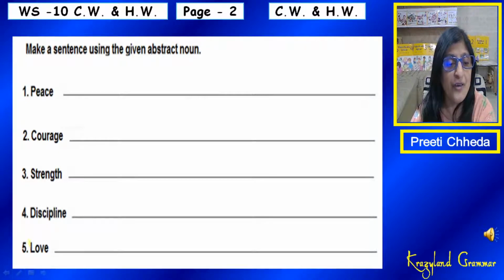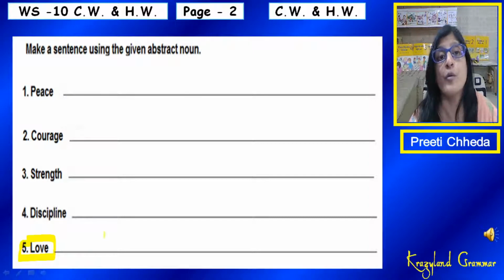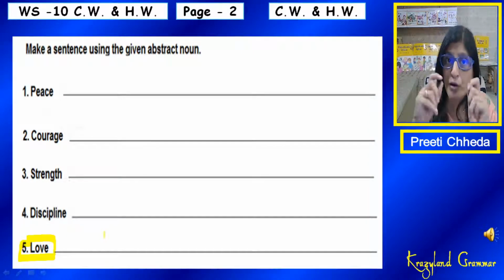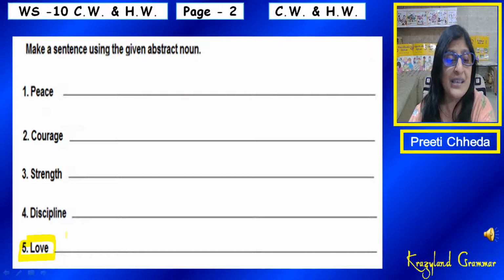Here, love you have to use as an abstract noun. Correct? You can't say I love you or my mother loves me. They love him. So please don't use love as a verb. If you are using it as a verb, your answer will be wrong.